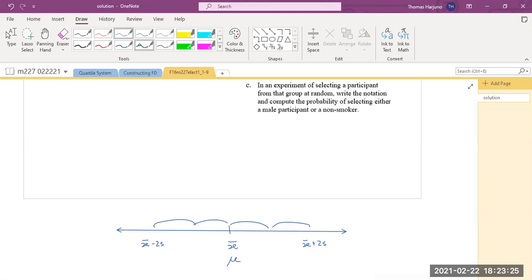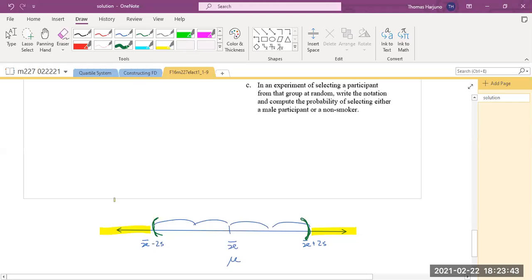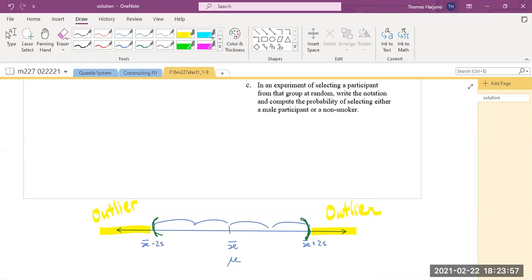Then the usual interval is defined to be this interval from here to here. That's what we call the usual interval. Any outcome that is outside of that usual interval is called an outlier.